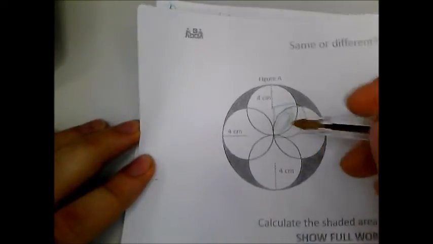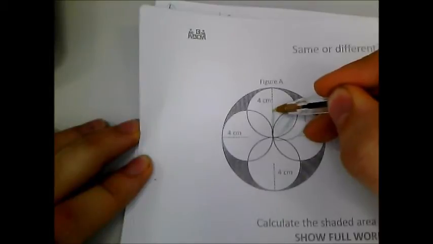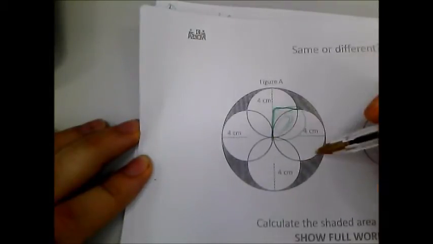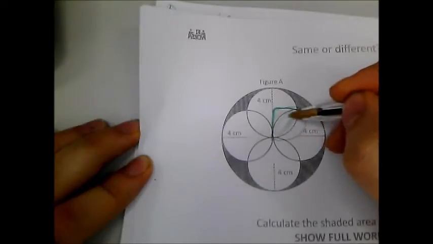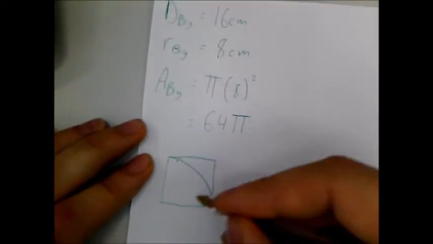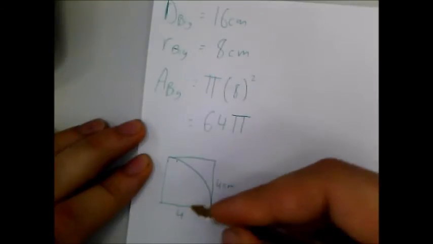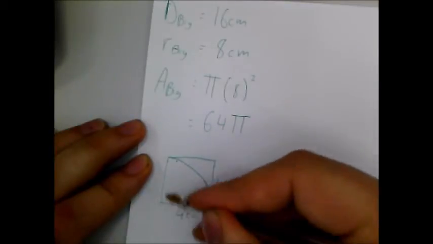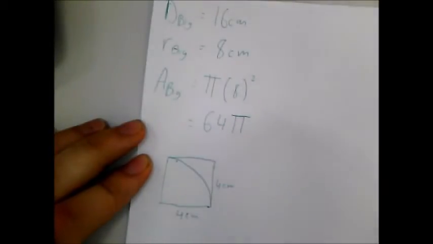So if I annotate it on this diagram, if I surround this bit in a square, I can work out this area, and then I'll be able to start to work out this flower petal shape. So let's do this bit.